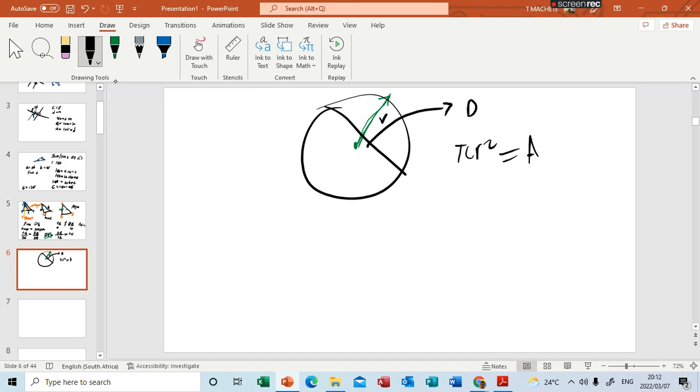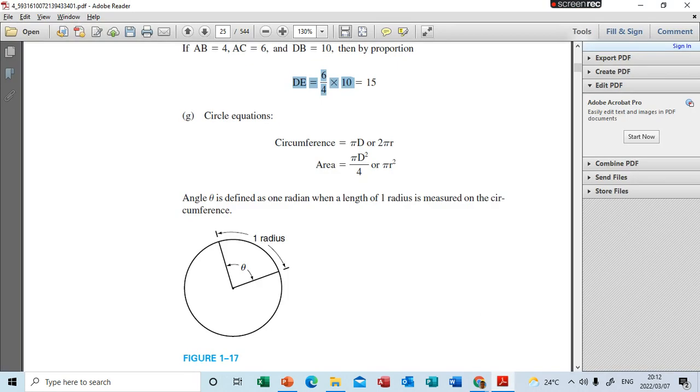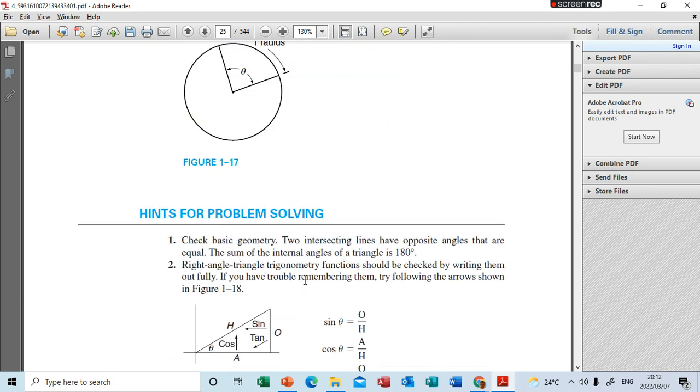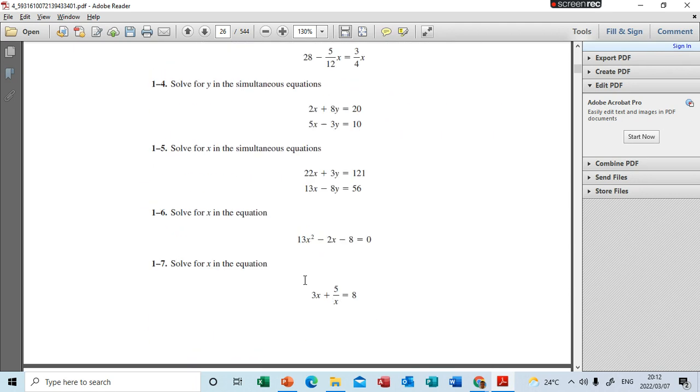Pi r squared. Guys, I don't think you can find a question related to this. I've never come across a question for a cycle. It's not necessary to do a cycle. There is your area. Guys, you still remember cycle?